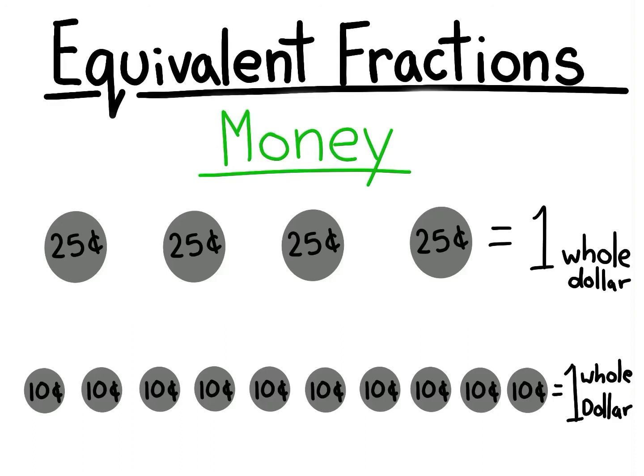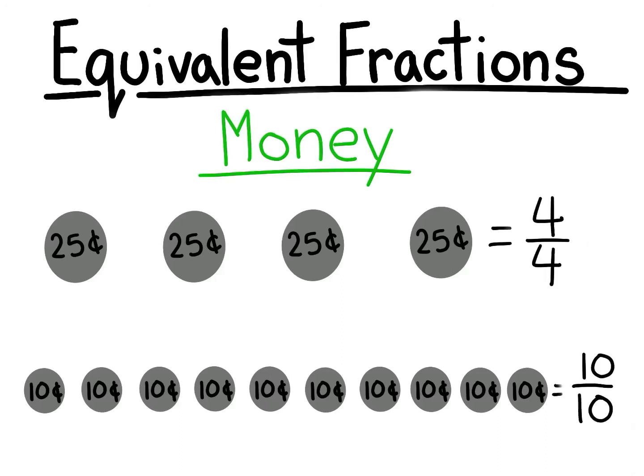So, if I had 4 quarters and you had 10 dimes, we have the same amount of money. We can use fractions to display the money. 4/4 equals 1 whole. Therefore, 4 quarters is $1. 10/10 is 1 whole. Therefore, 10 dimes is $1.